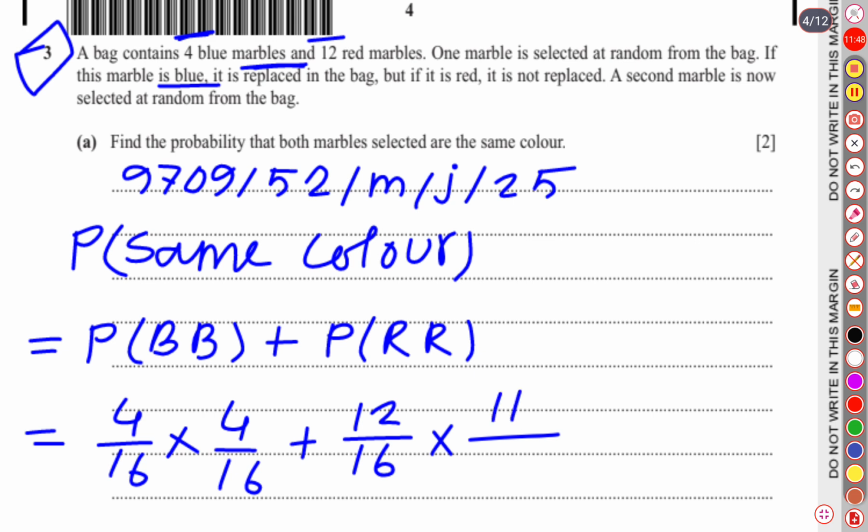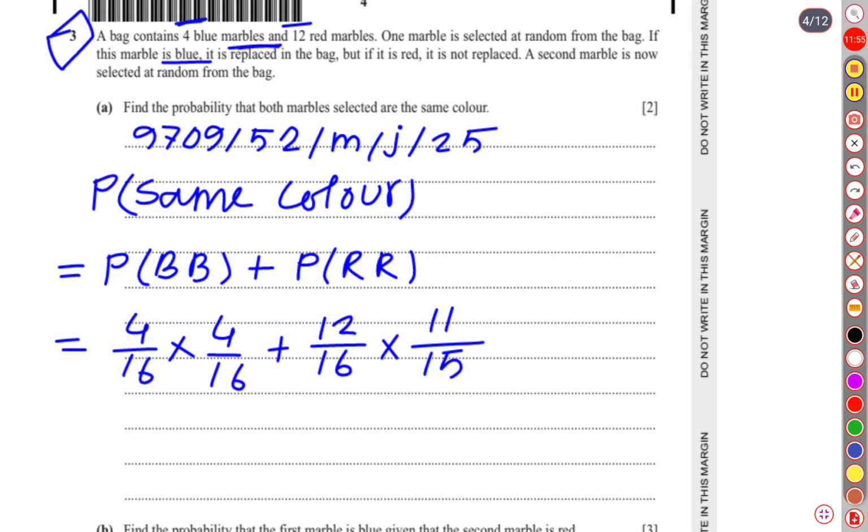So it is just 11 and the total has become 15. Using our calculator, the probability comes to 0.613.